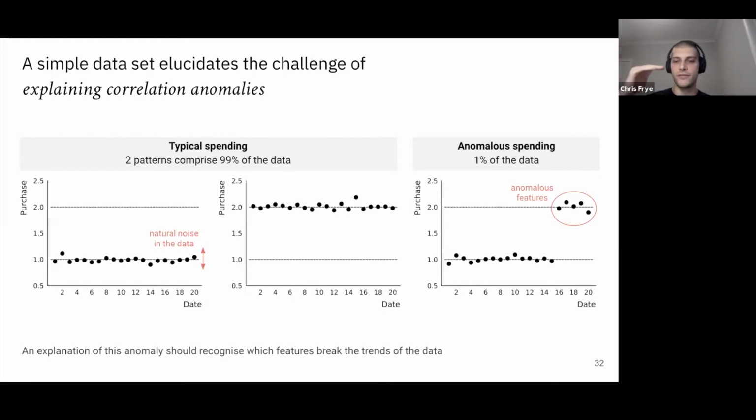So across the majority of the data, each purchase that an individual makes is very correlated with their other purchases. They're either all type 1 or all type 2, give or take a little bit of noise. But these final 5 features sort of break that correlation in an individual's purchase history. So an explanation of this anomaly should recognize which features break the trends of the data.